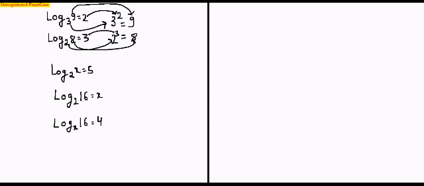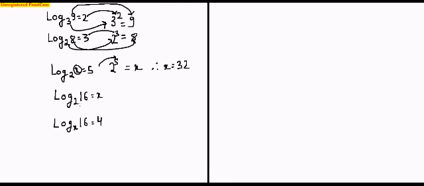Now the same thing if I try to do with this expression, once again x goes on RHS, so I populate RHS with x. This 2 becomes the base and this 5 becomes the power. So my equation is 2 to the power 5 equal to x. Therefore, x is equal to 32.